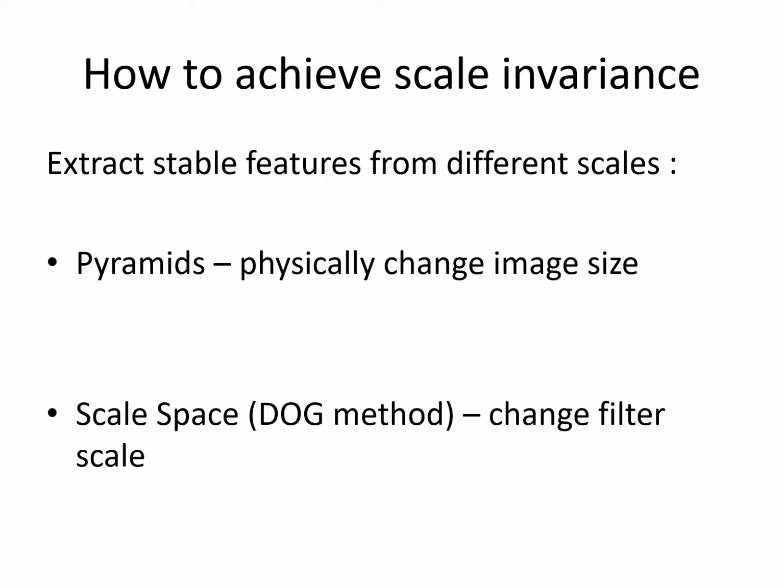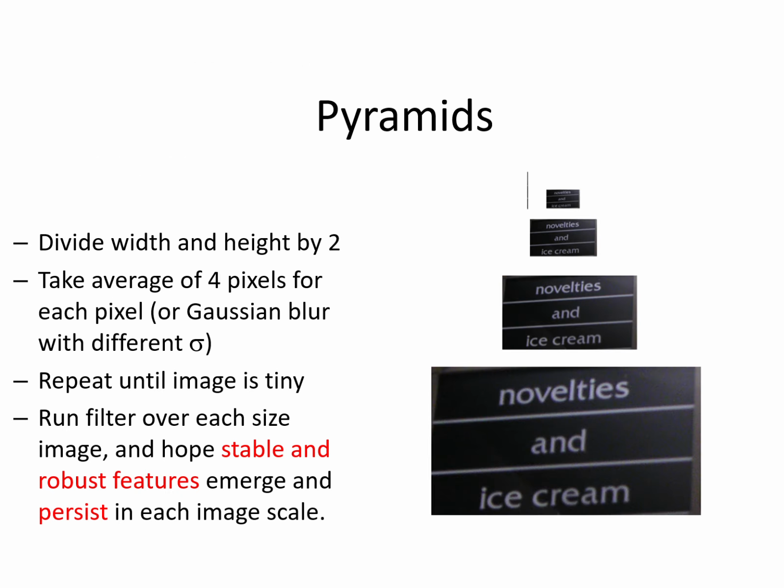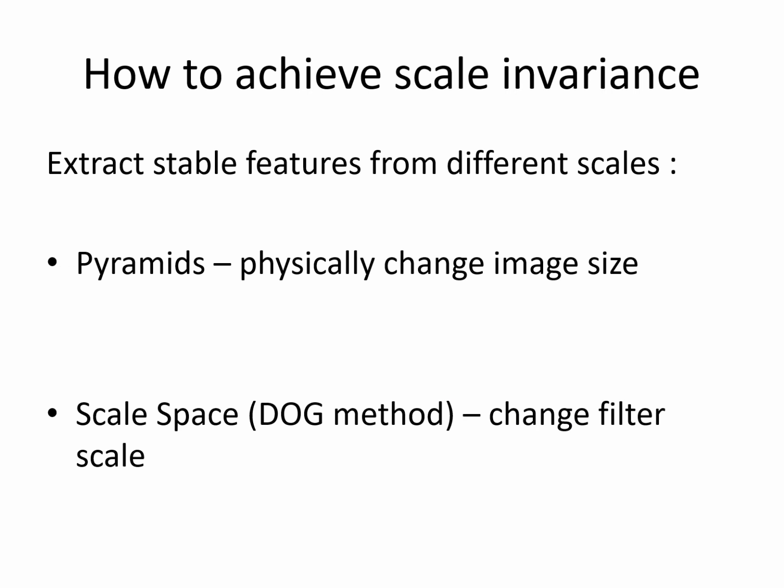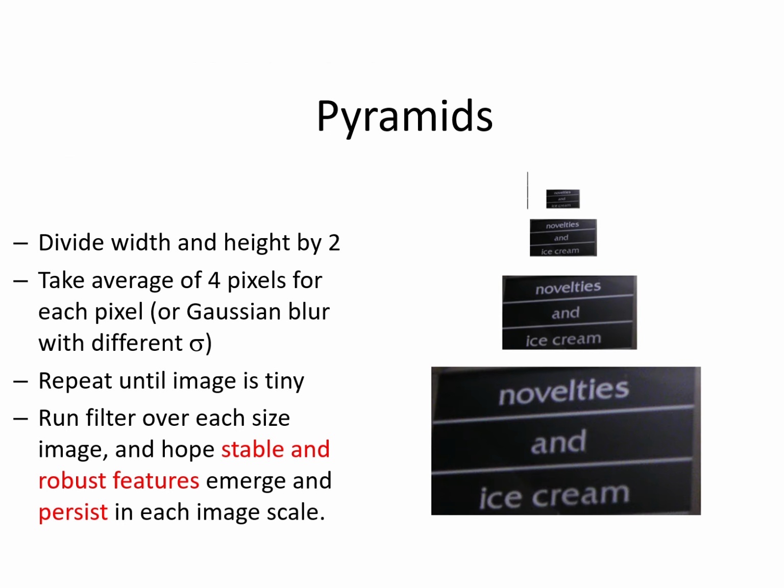Here it shows a pyramid and the scale space. For the pyramid, it physically changes the image size. The lower image is shown in bigger size compared to the next. Then it divides the width and height by 2.